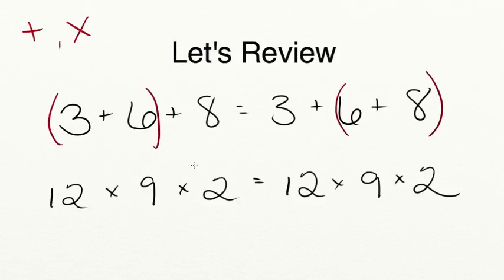The same works for multiplication. If we were to group 9 and 2 on the left-hand side of the equation, and then we were to group 12 and 9 on the right-hand side of the equation, we would still have an equal value on both sides of the equation, as long as the numbers are the same and we're grouping them differently. And that's the associative property.